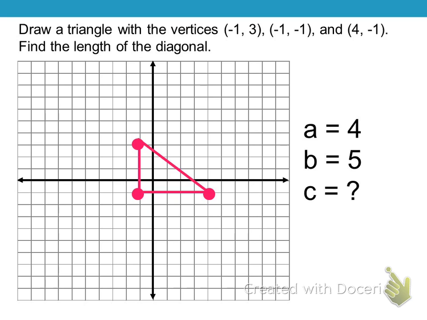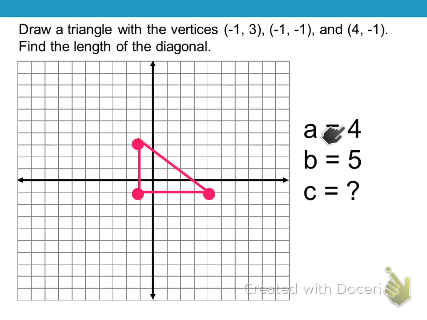Now, we learned about right triangles last week, and we used something called the Pythagorean theorem to find the missing values. Now, when you put it on a graph, it's easy to see the distance between the 2 points. Between this point and this point, there are 4 jumps: 1, 2, 3, 4.